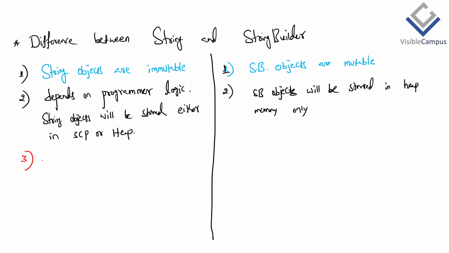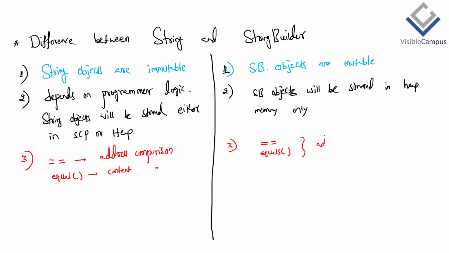The next one: double equals operator is meant for address comparison on strings, and the equals method is meant for content comparison on string. But when it comes to StringBuilder, the double equals operator and the equals method both are meant for address comparison only.